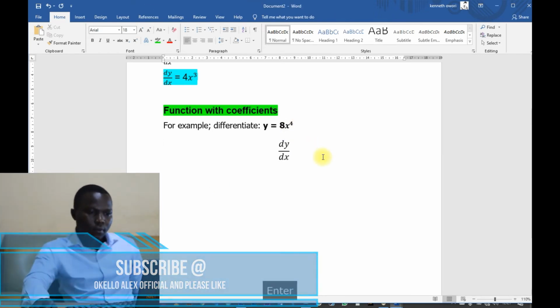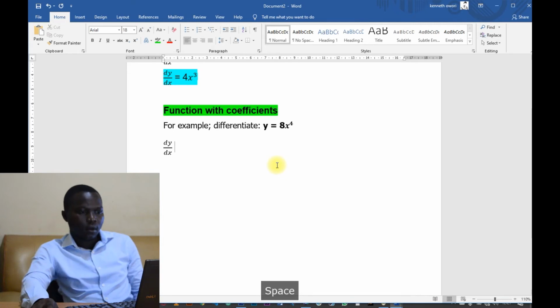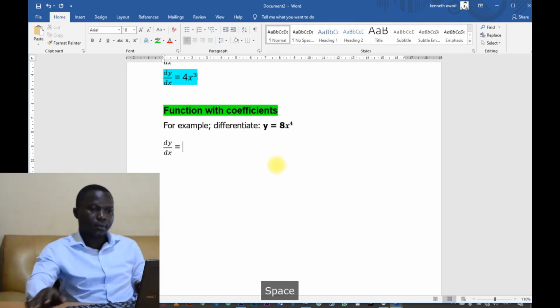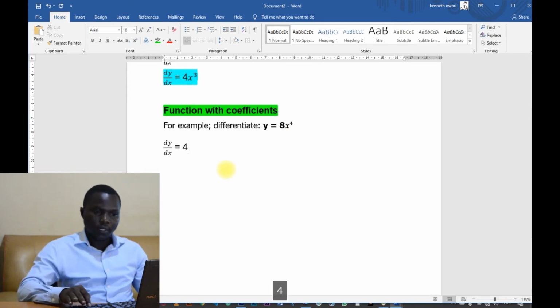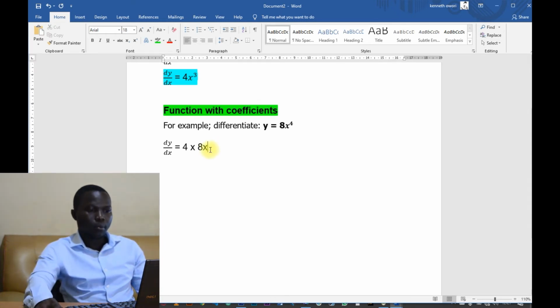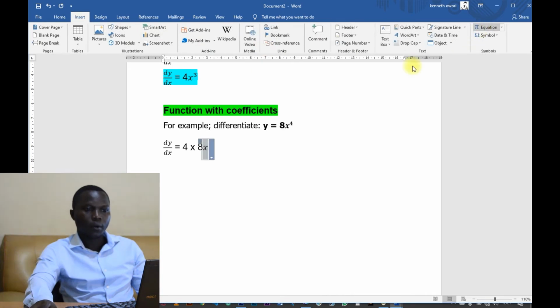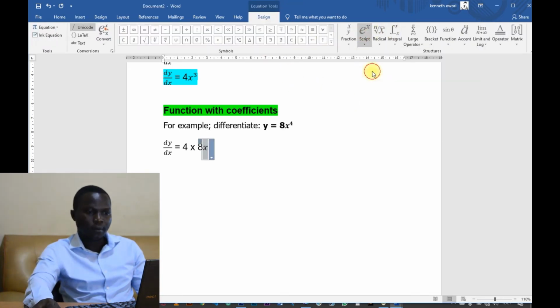So in this case, our dy/dx would be 4, which is the power, multiplied by 8x to the power of 4, and then reduce the power by 1.